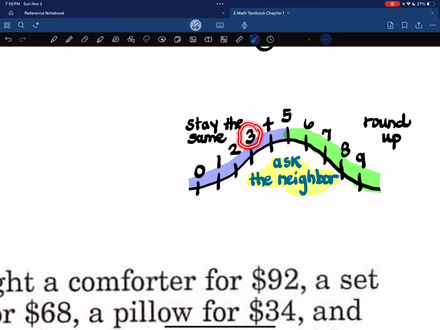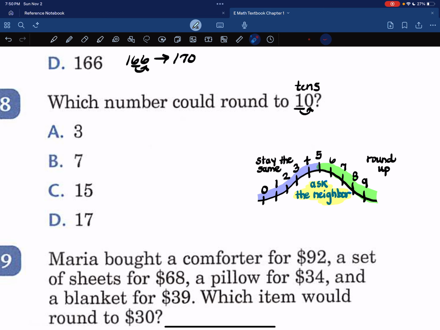Is it closer to the 10 side or the 0 side? It's closer to the 0 side. So 3 is nearer to 0. The 7, though, is closer to the 10 side. So 7 would be rounded to 10.